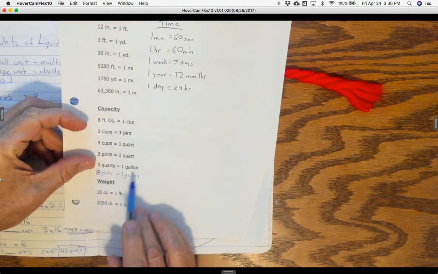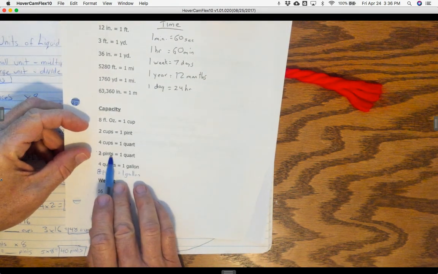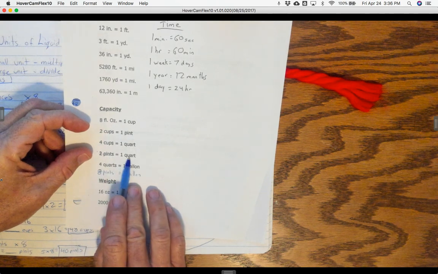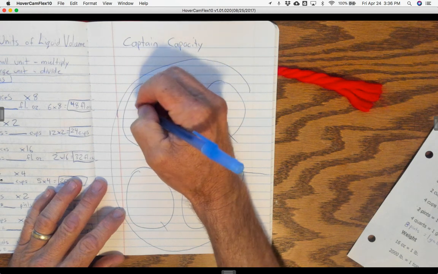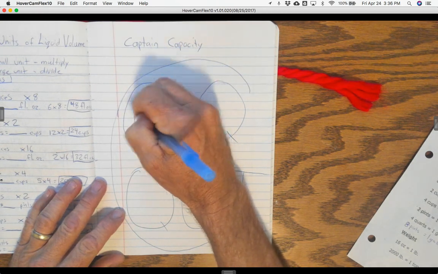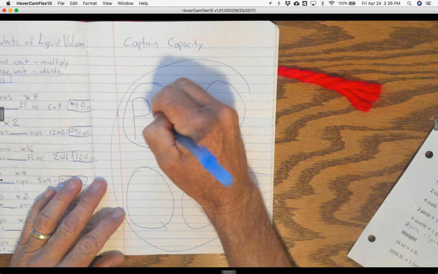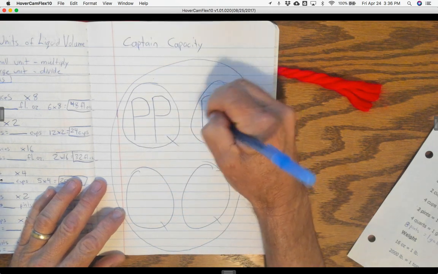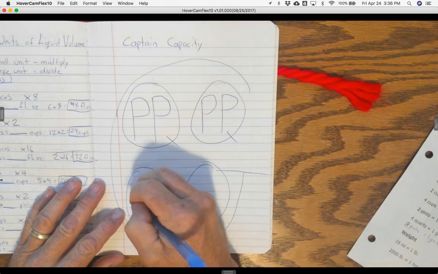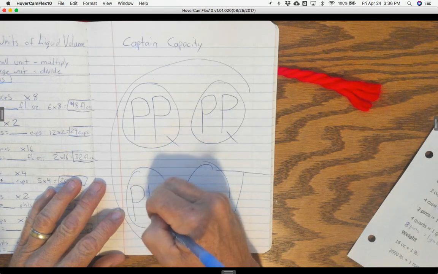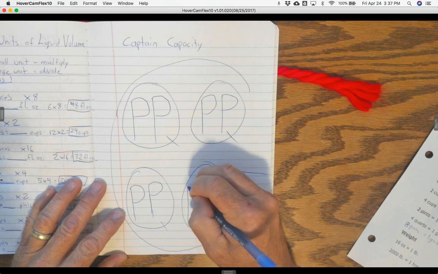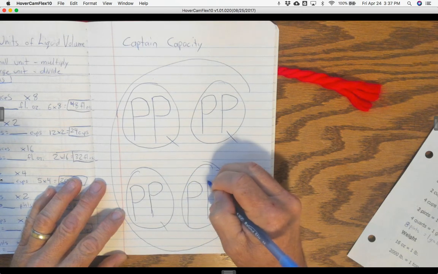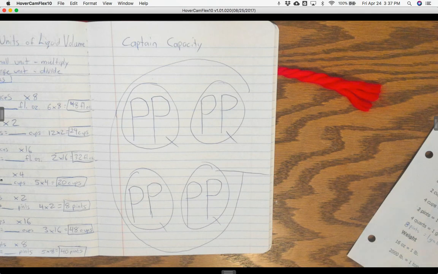Now, going in order of largest to smallest, we got gallons, we got quarts, so pints are next, and in each quart are 2 pints. So I need to make these big. 2 pints in 1 quart. So I'm going to put 2 P's in each of these Q's, and I want to make that rounded part of the P pretty big, because I got to draw some other things in there.